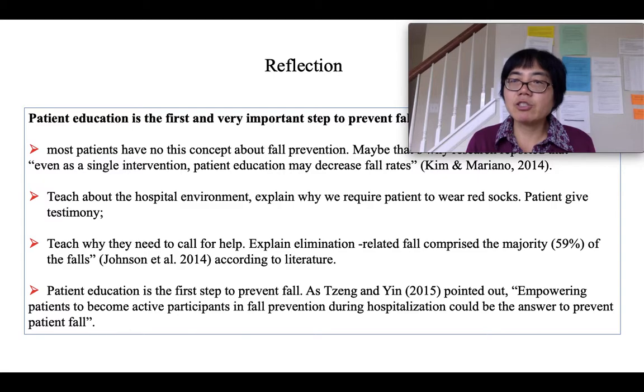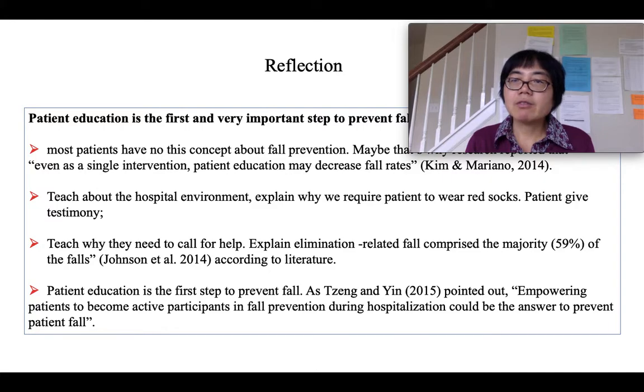I will bring this sheet home, put it on my refrigerator as a reminder." I also encouraged the patient to bring the sheet home as a reminder. Most patients appreciate the teaching.